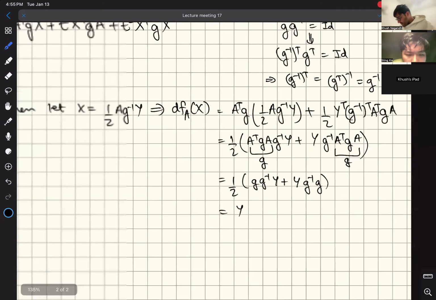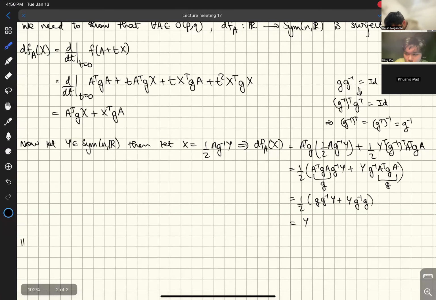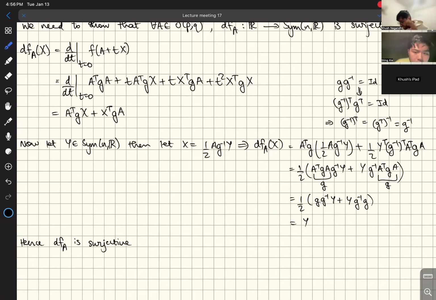So what we've now shown is that for any symmetric n by n matrix, there is a corresponding n by n matrix such that when we put it into the derivative, you get that symmetric matrix. In other words, we've shown that df at A is surjective.